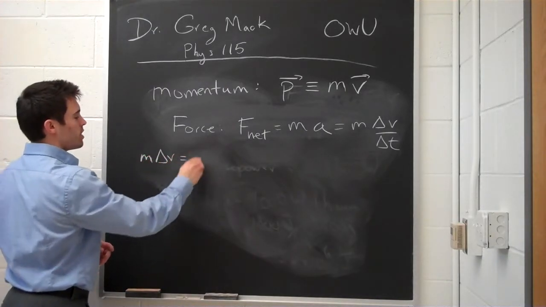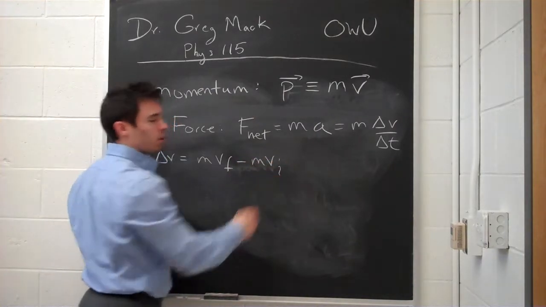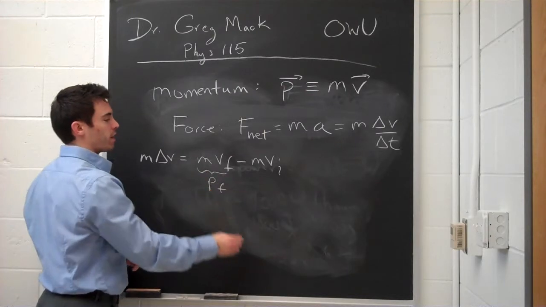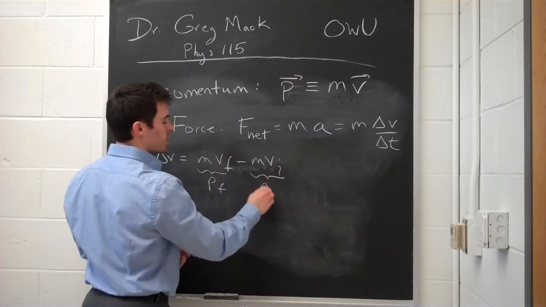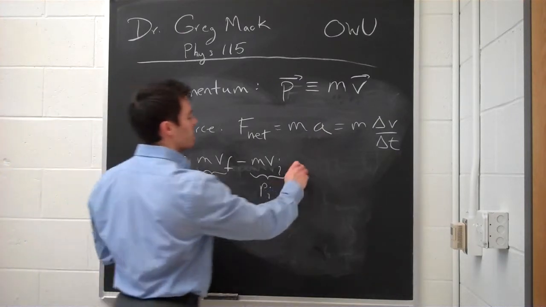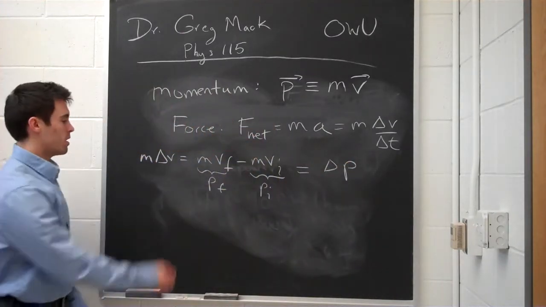M delta v is equal to m v final minus m v initial, and this is p final, and this is p initial. So that means that m delta v equals delta p.